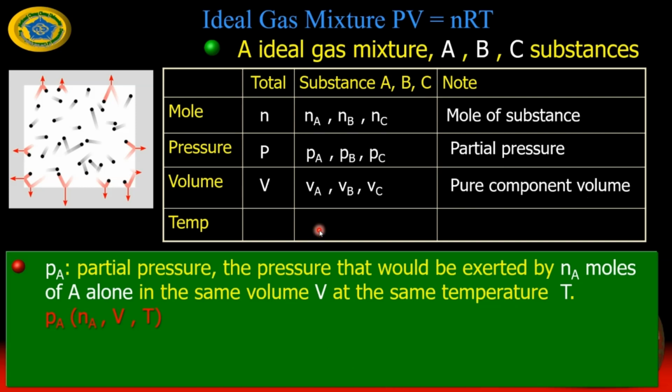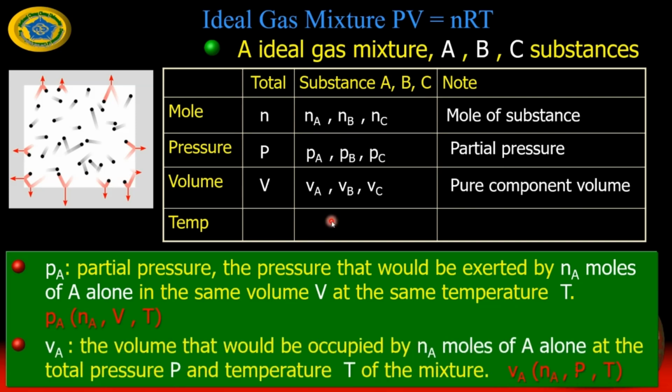The definition of pure component volume is the volume that would be occupied by Na moles of A alone at the total pressure P and the temperature T of the mixture. This is a definition. The pure component volume is a function of Na moles, the pressure, and the temperature.